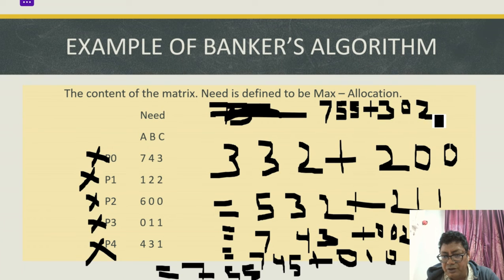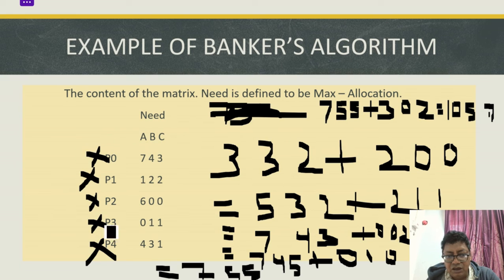Now you simply add how many resources are available for the OS. 7 plus 3 is 10. 5 plus 0 is 5. And 5 plus 2 is 7. So 10, 5, 7 resources are available for the operating system.